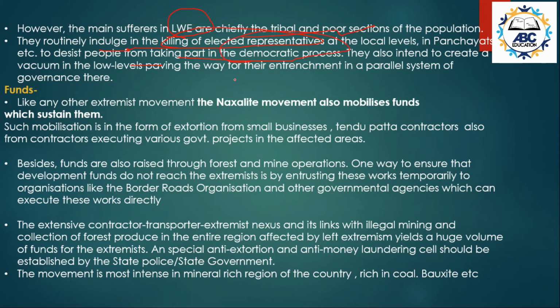Their way is the same: do not let elections happen, so that the local people do not get representation in governance, and thus they will themselves establish a parallel system of governance there. They don't want elected machinery to be established in the Naxal affected areas, by killing the elected representatives or by disrupting the election process.